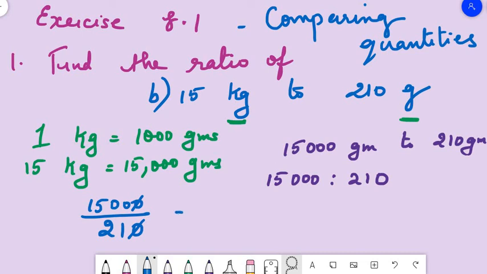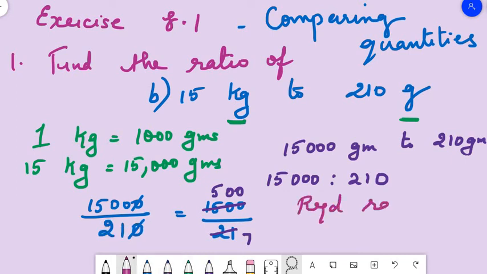Now this can be reduced by 3, because both the numbers are multiples of 3. 3 times 7 is 21 and 3 times 5 is 15, 0 and 0. So the required ratio is 500 is to 7.